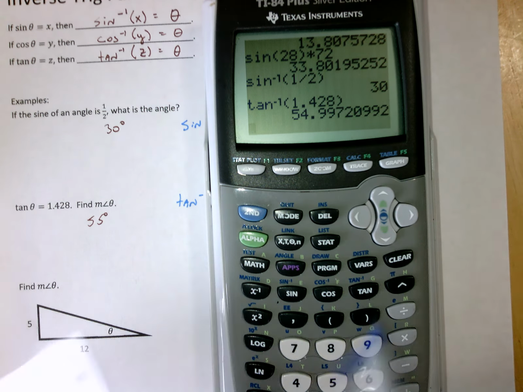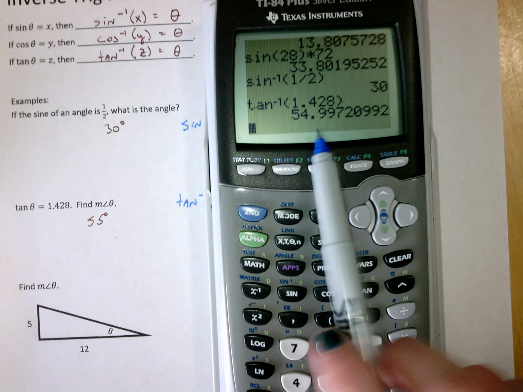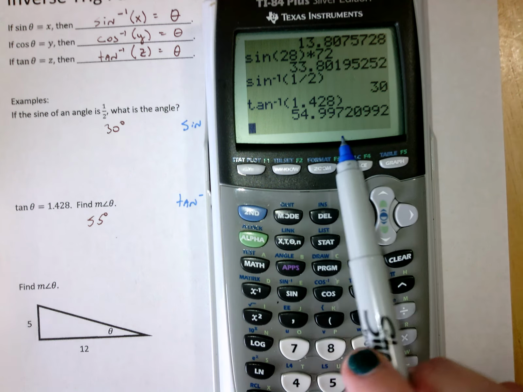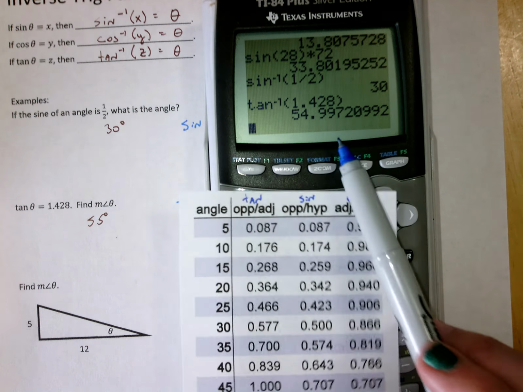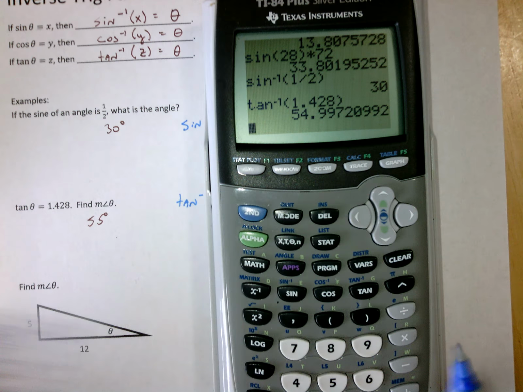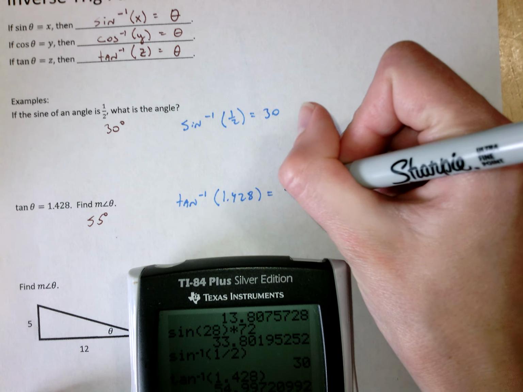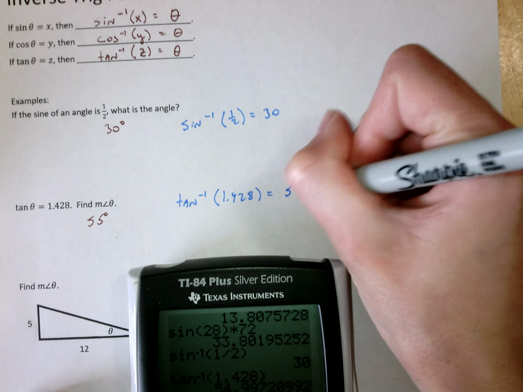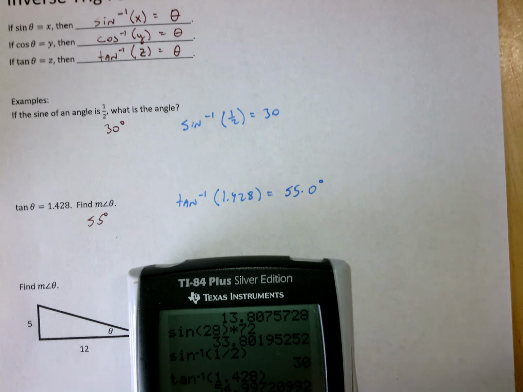But remember, that's because the numbers that we got in our table are rounded numbers, right? These were rounded to the 100,000th spot. If I rounded this to the nearest 1,000th spot, yeah, it's close enough, okay? So this is going to work out to 55.0 degrees, we'll call it. So it rounds.